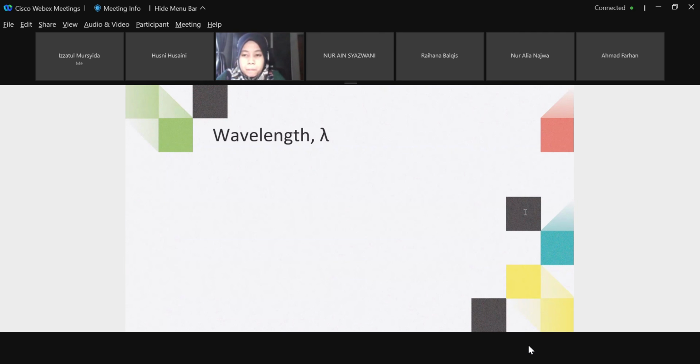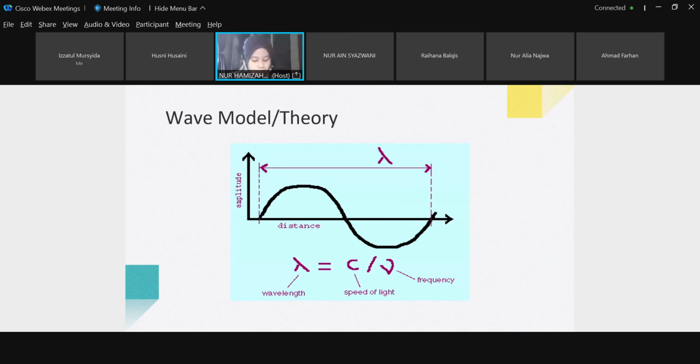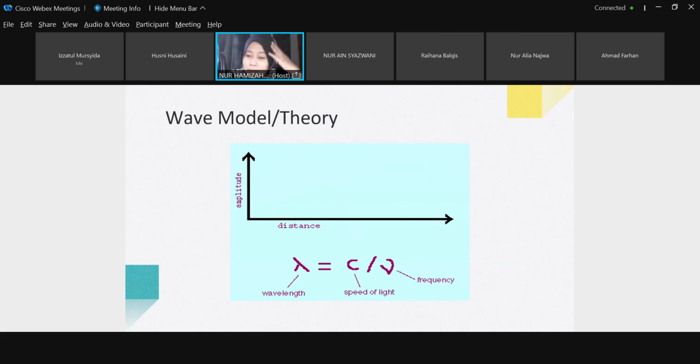Any idea about wavelength? Or does anyone else want to try? What is wavelength? You can see from here. Okay, what is wavelength? Fahmi? Is Fahmi here? Okay, try. What is wavelength, Fahmi?